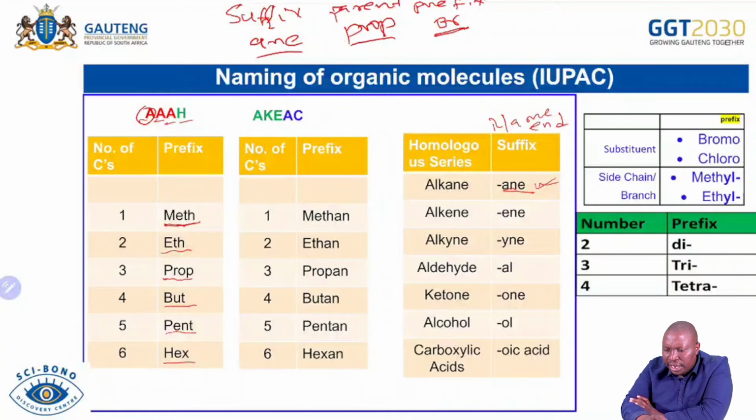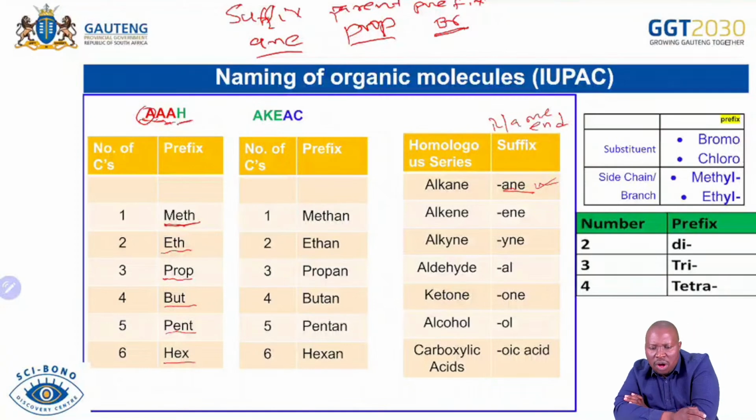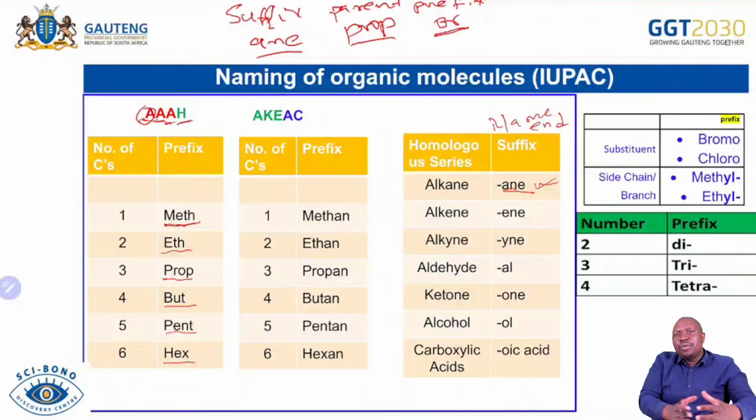Now, again, I indicated that this method of using meth, eth, prop, but, pent, and hex, we use it for hydrocarbons and haloalkanes. Remember, haloalkanes, we're treating them as substituents on the alkanes, hence we take them together with the alkanes.